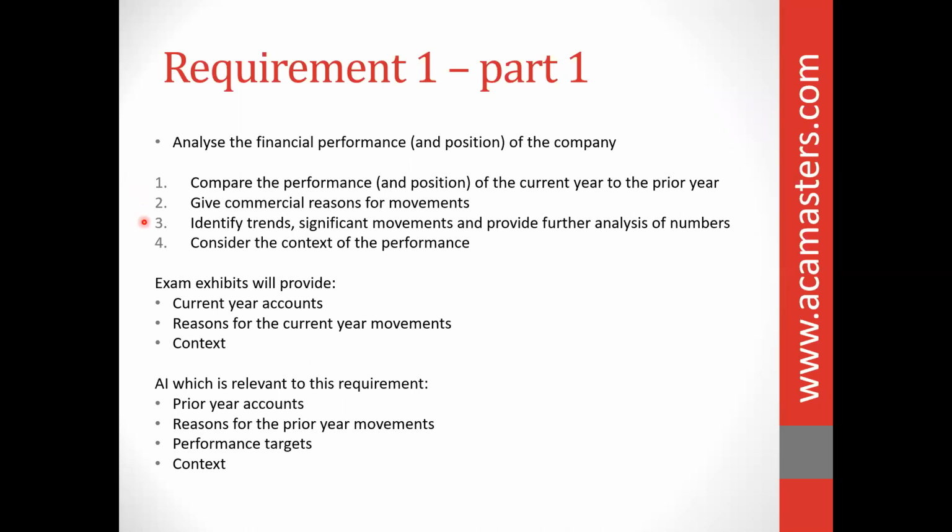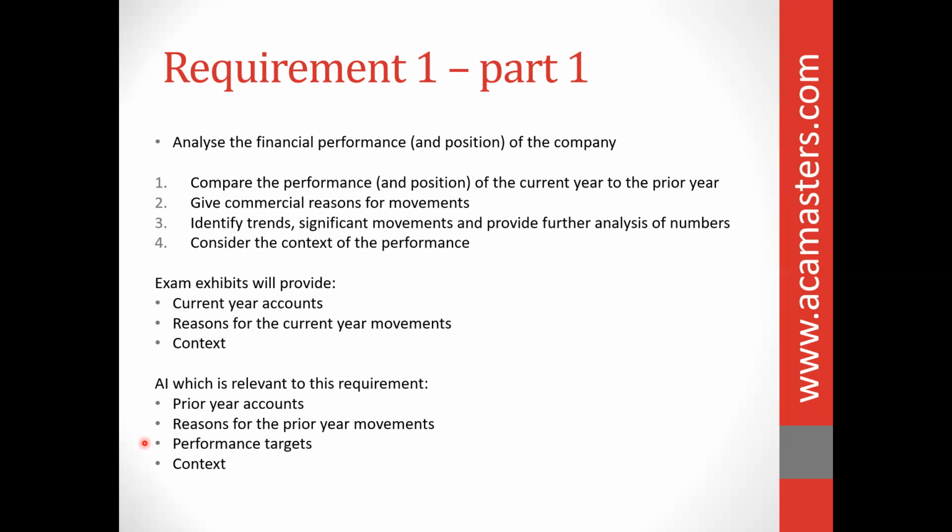We'll also need to identify any trends, significant movements, and also we should provide further analysis of the numbers if we can. And then we'll provide some context to the performance. So the advanced information included the prior year accounts, the reasons why items had moved in the previous year.